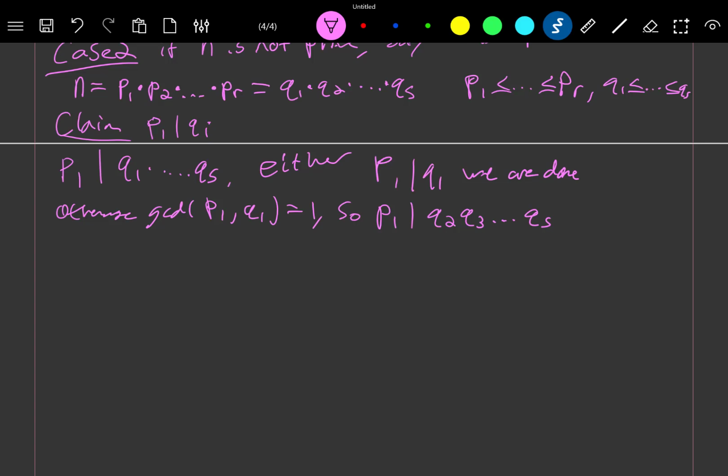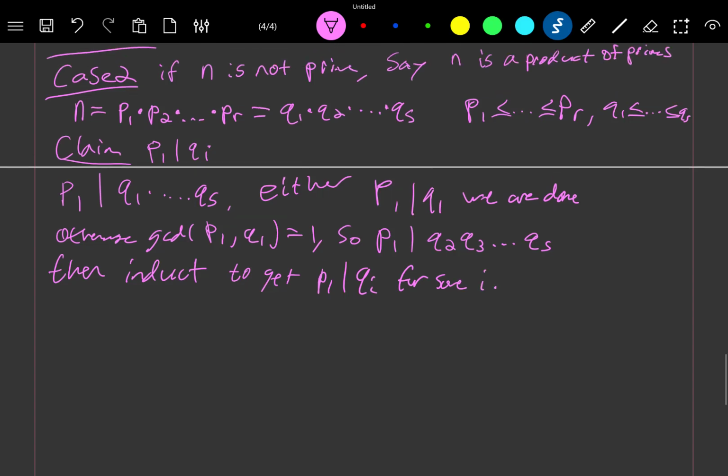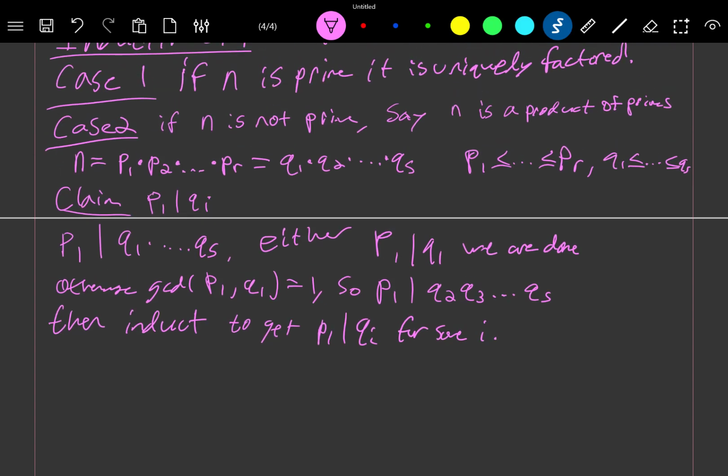And so you can then induct to get that p1 divides q sub i for some i. And we can always rearrange terms. So let's just assume p1 divides q1. And that's what this ordering will actually end up doing.